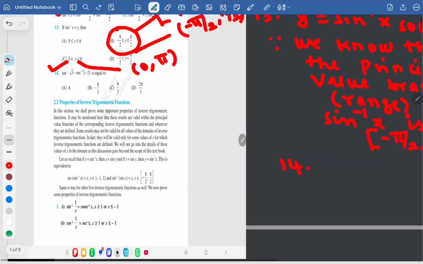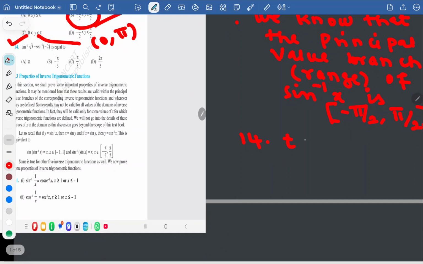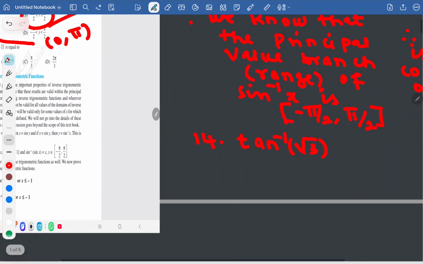Now I am going to discuss the last problem, exercise 2.1. We have to find the value of tan inverse of root 3 minus secant inverse of minus 2.